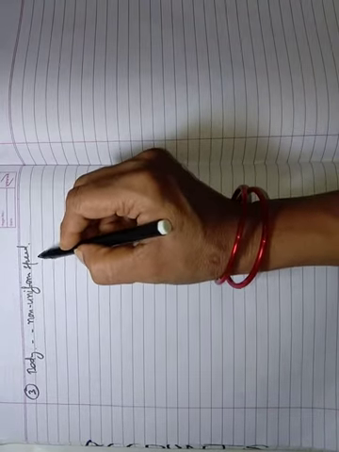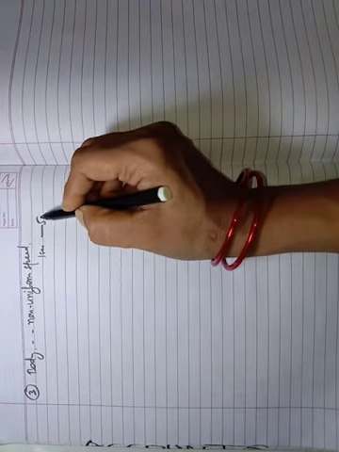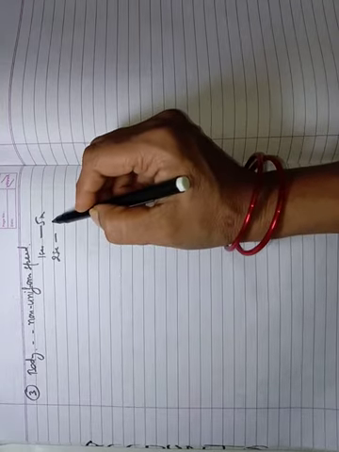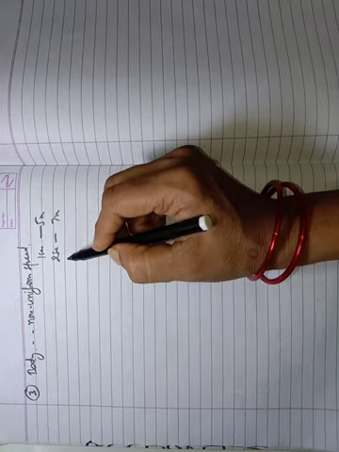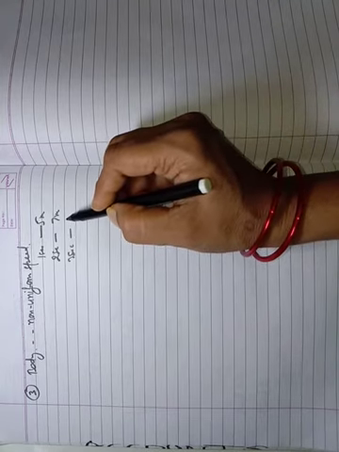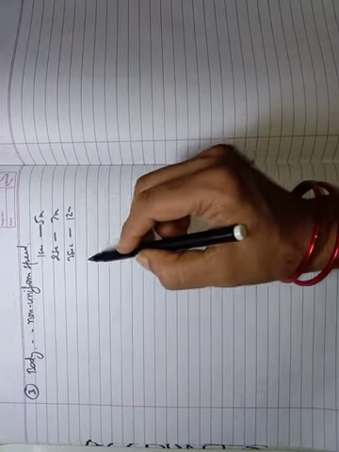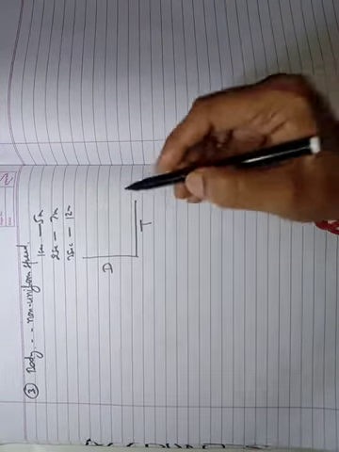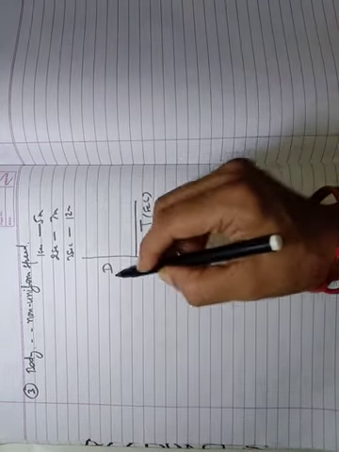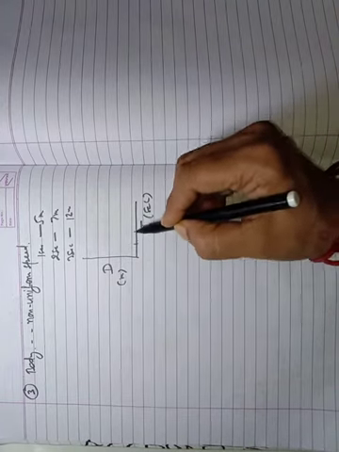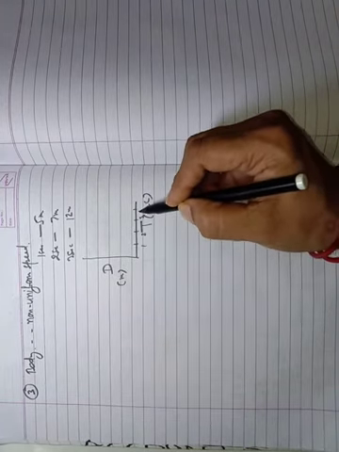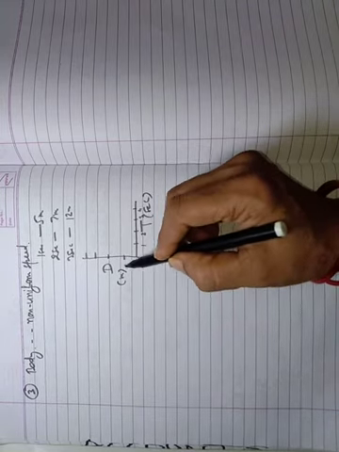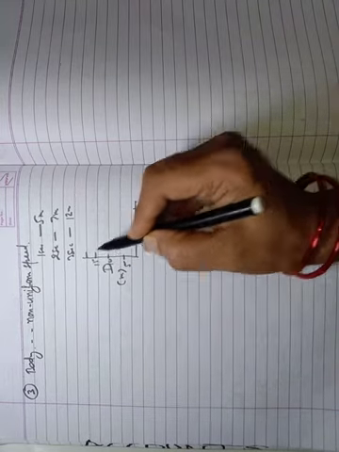For example, in 1 second you cover a distance of 5 meter. In 2 seconds you cover a distance of 7 meter. In 3 seconds you cover a distance of 12 meter. Now represent it on a graph, with time in seconds and distance in meter. 1, 2, 3, 4 on the time axis, and I am using units of 5: 5, 10, 15.